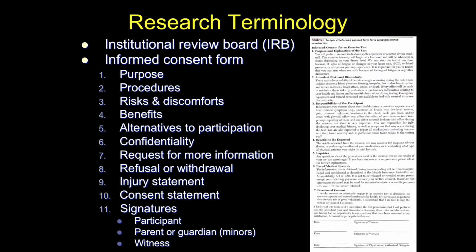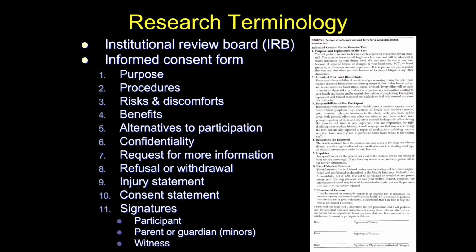One of the things that you'll see in a research study, not necessarily published, is that the informed consent form was completed. This is a statement that has to include the purpose of the study, the procedures of the study, what are the risks and discomforts to the participant, what are the benefits from being a part of this study, are there any alternatives to participation?